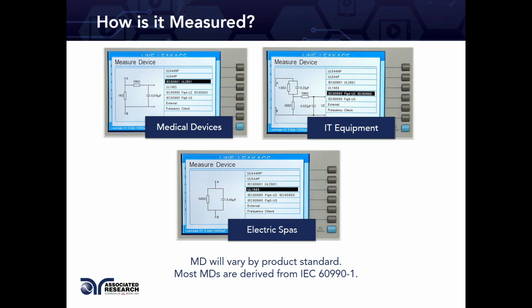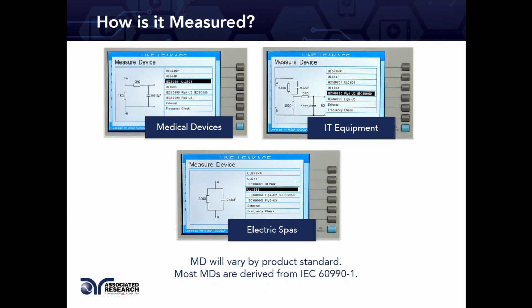It's designed according to the type of device that the human being comes in contact with, so that's why they vary in type. Then there's a very simple one, UL 1563, just a resistor and a capacitor. Once again, these are just different examples of how the measuring device circuit can vary from standard to standard.